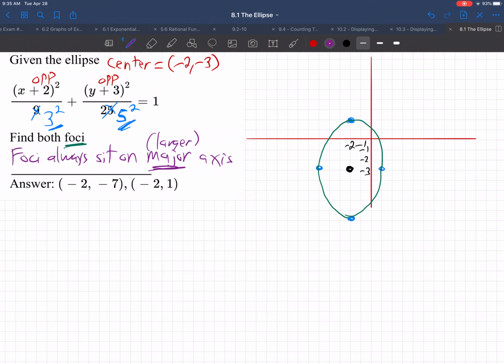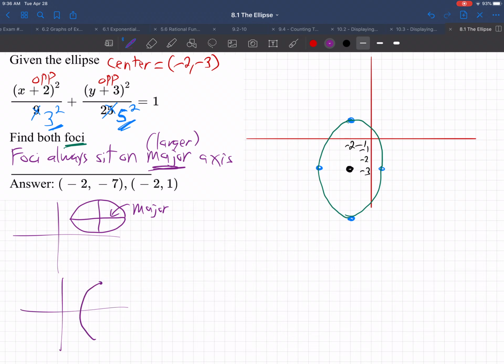So in other words, if the ellipse is wider than it is tall, then this would be the major axis. If the ellipse is taller than it is wide, then the up and down is the major axis. So the major axis is the bigger direction. The other one's called the minor axis.